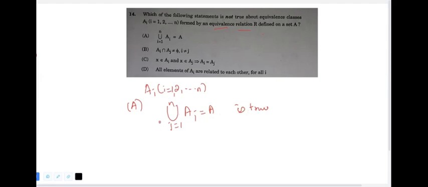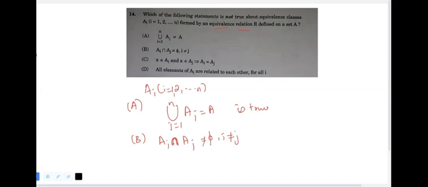The second option they give us here is Ai intersection Aj is not equal to the null set, where i is not equal to j. Here it says that any two distinct equivalence classes have a non-empty intersection.